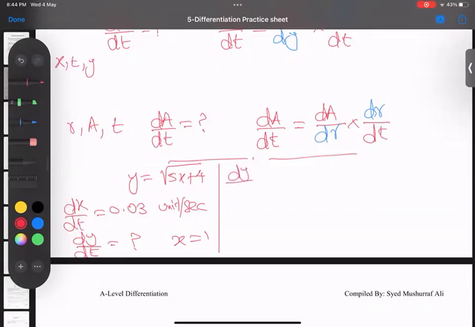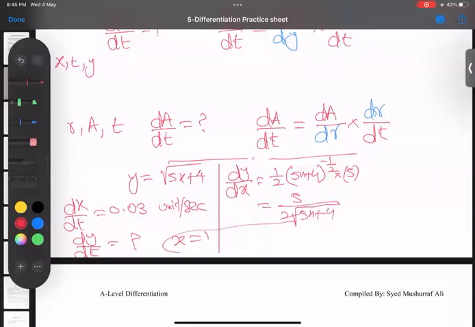dy over dx: the root is called a half. The half comes down and the power is one less. And 5x plus 4 as it is, times the derivative of the base: 4 has 0, 5x gives 5. So I got a 5, and ultimately 5 over 2, and the negative half goes down, giving the root of 5x plus 4.